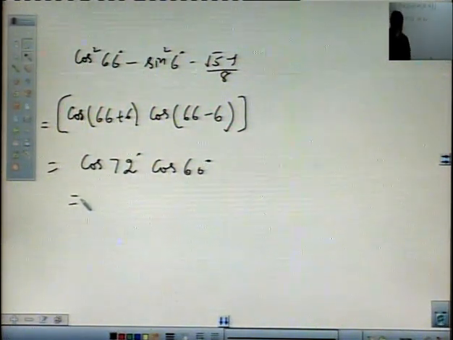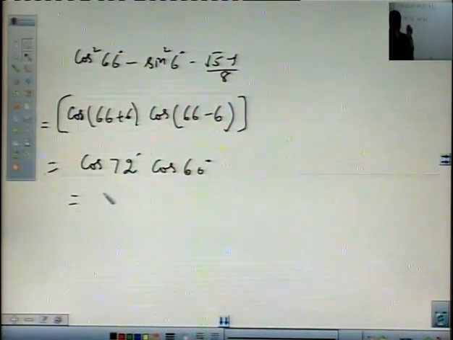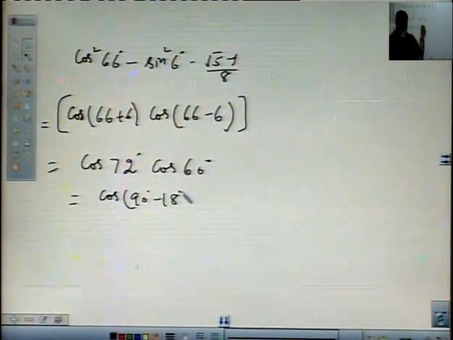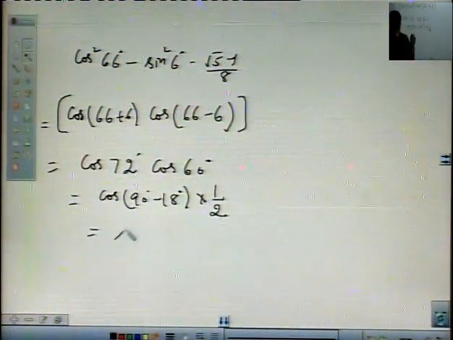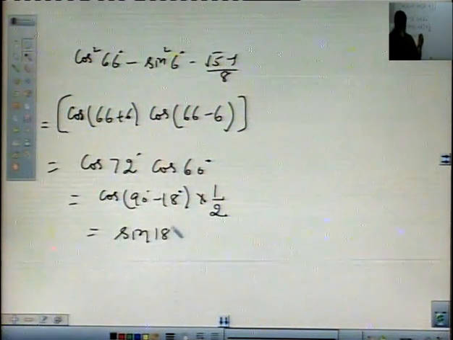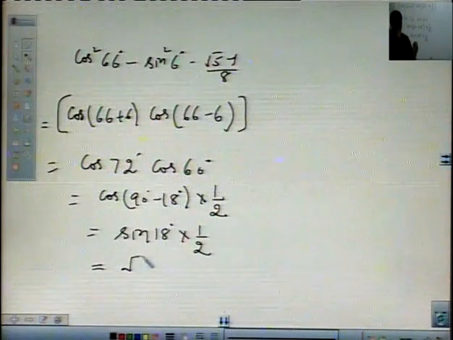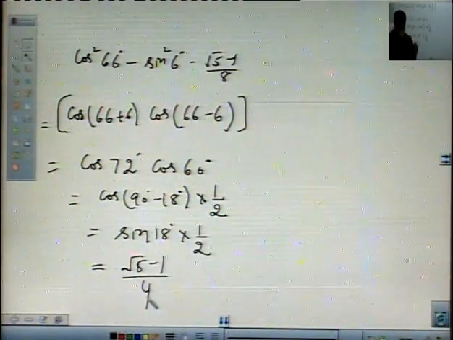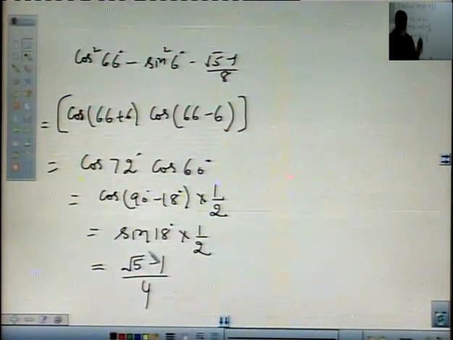We know that cos 72 degree is cos of 90 minus 18, which is sin 18, and cos 60 is 1 by 2, and the value of sin 18 is under root 5 minus 1 upon 4.